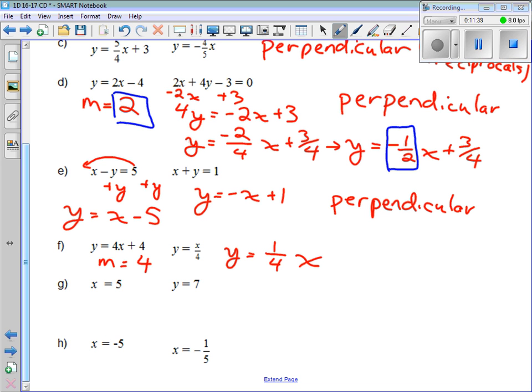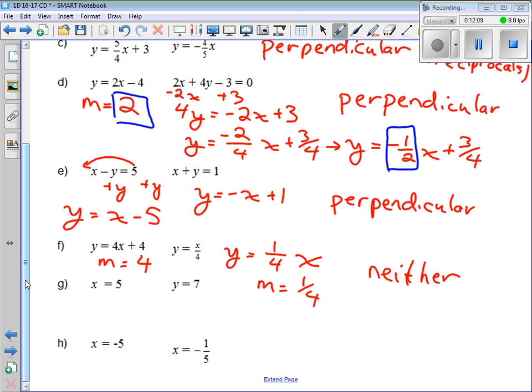Now what's my slope? 1 over 4. Are these things parallel, perpendicular, or neither? What do you think, Stephanie? Neither. Why not? Explain. Right. They're not the same, so they're not parallel, and they are reciprocals, but they're not negative reciprocals.